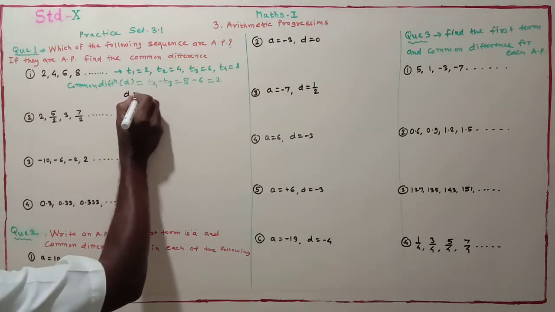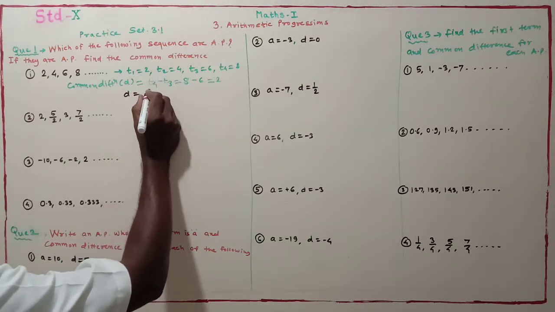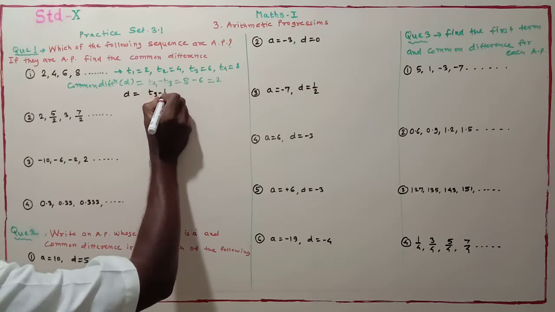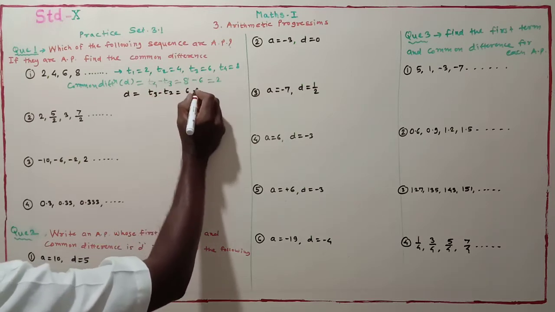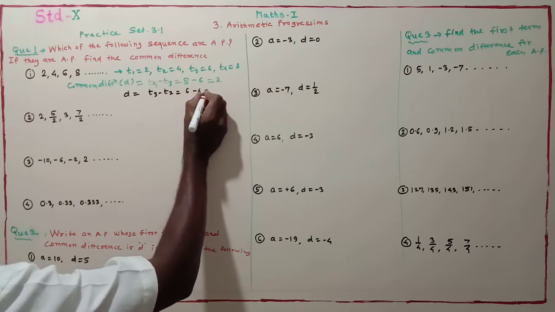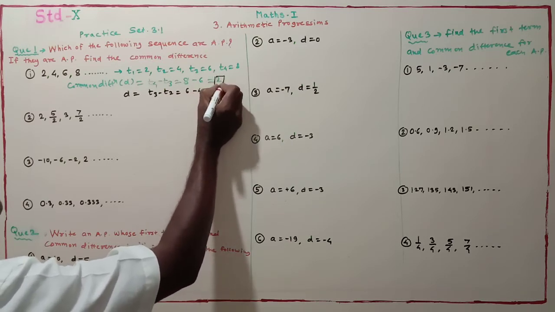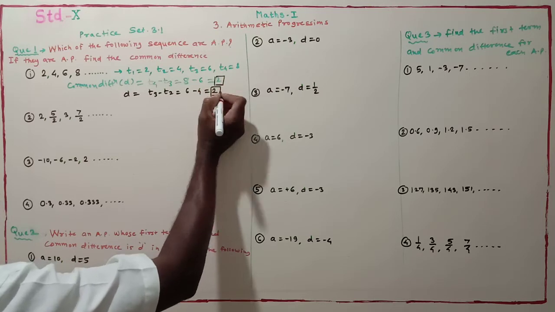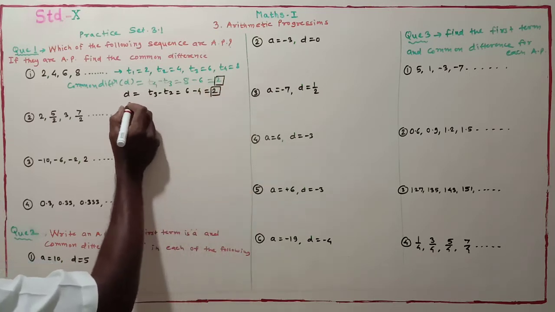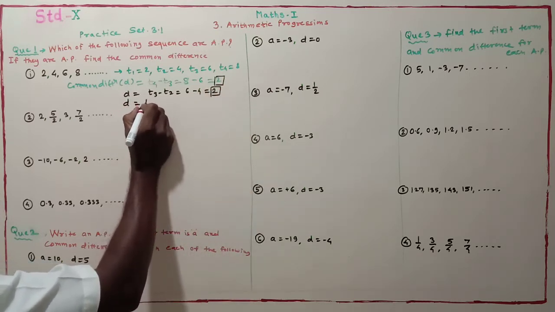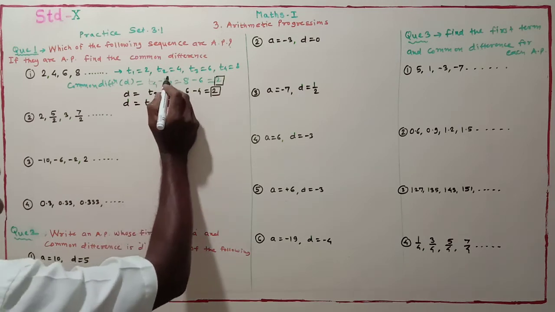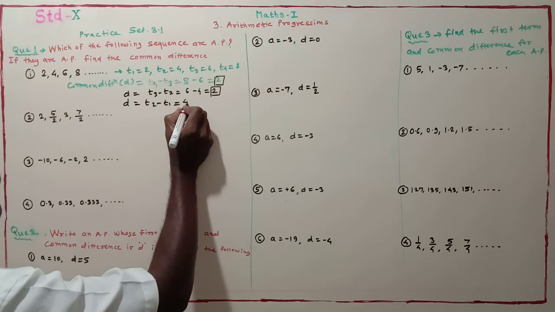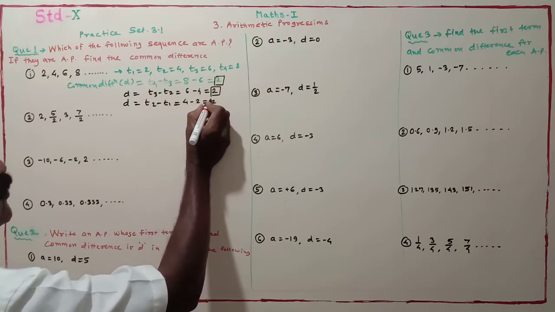D is equal to T3 minus T2. T3 is 6 minus T2 is 4, which is 2. And third, D is equal to T2 minus T1, which is 4 minus 2, equal to 2.